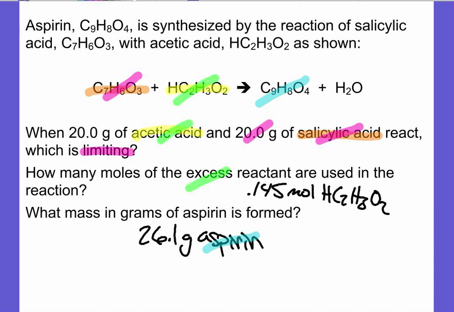Going back to a previous example, I actually had a lab in college where I made aspirin. And I collected that aspirin and I weighed it to find out what my percent yield was. But it was possible for me to have over 100% for my percent yield, but that's only if I wasn't paying attention, because it's possible that there was still some water in there that I was dealing with.